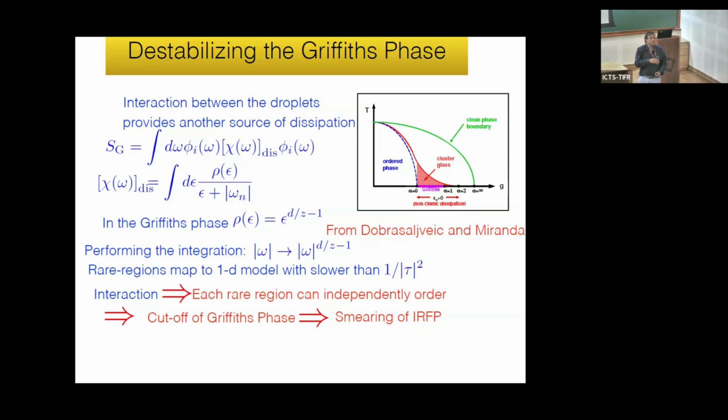That means the transition actually smears, because each individual rare region is ordering by itself. As each of these rare regions orders by itself, there should be a tail that develops, because you will find, with exponentially small probability, some regions still ordering in there.